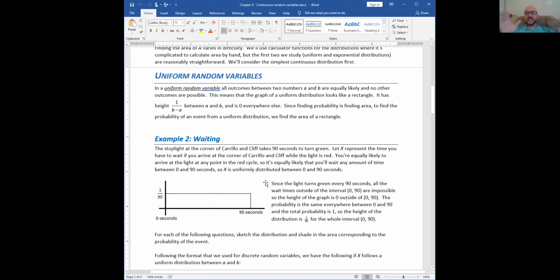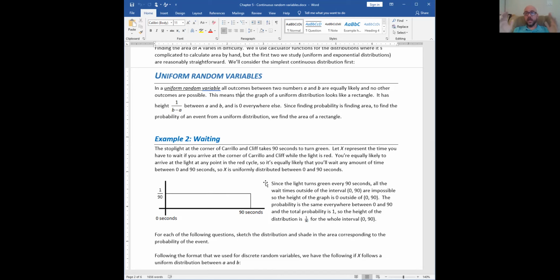The classic example of this is a random number generator, right? If I asked Sheets to make me a random number, and I'm pretty sure it has random number functionality, between, let's say, 0 and 1, it's going to give me any decimal between 0 and 1, and they're all equally likely, right?